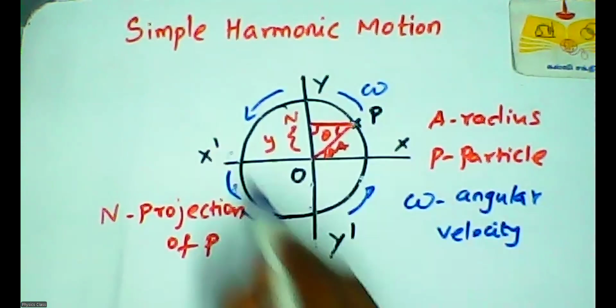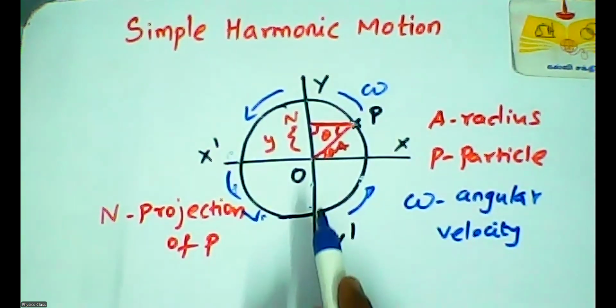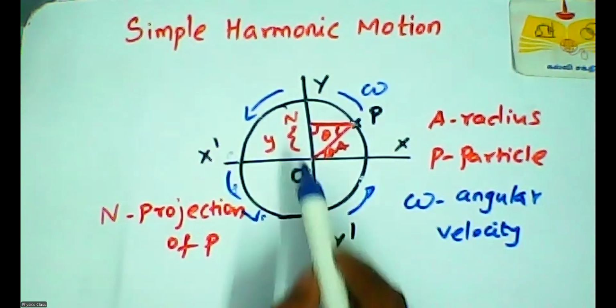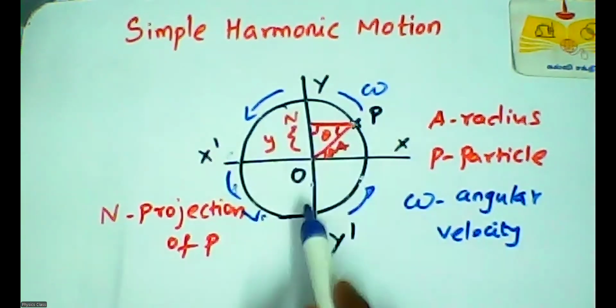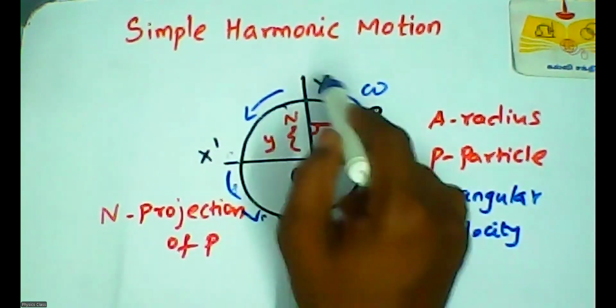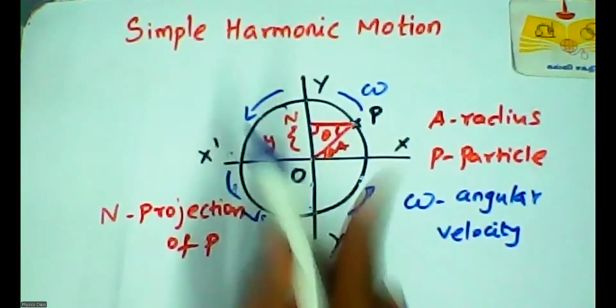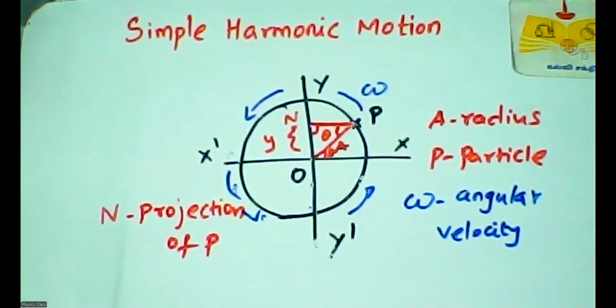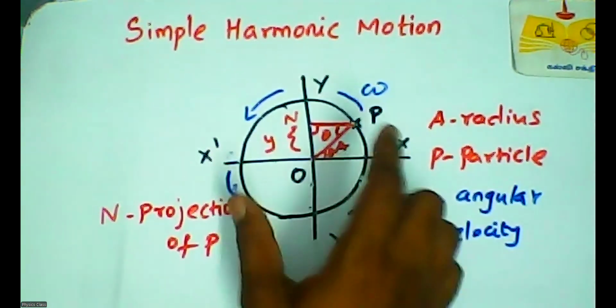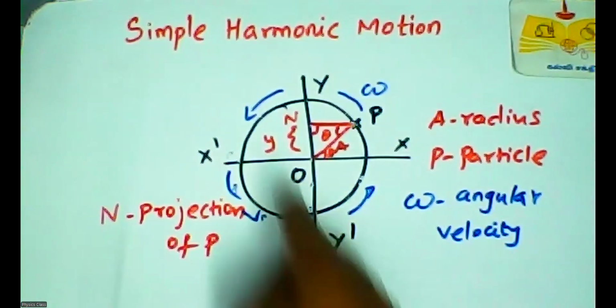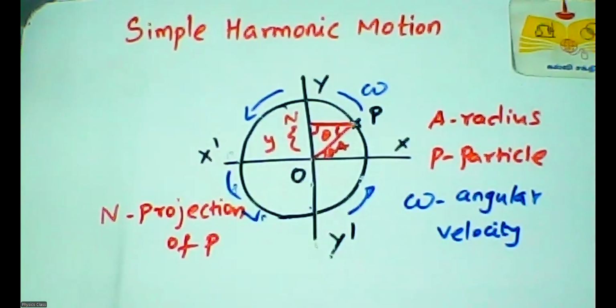So for one revolution of point P, the projection N makes one oscillation on the diameter. Is it clear?